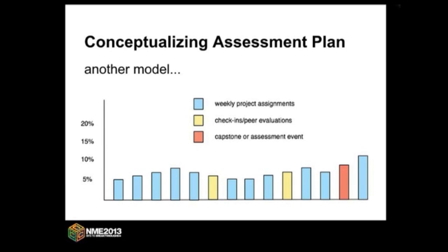Another model of an assessment plan that's really typical is lots of small activities spread out throughout the course. But if you think about your instructional load, it's really hard to give robust formative feedback on every single activity or every single output that students produce in their course.